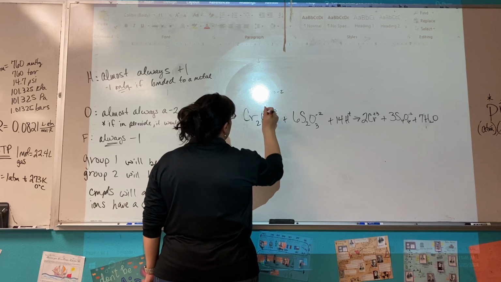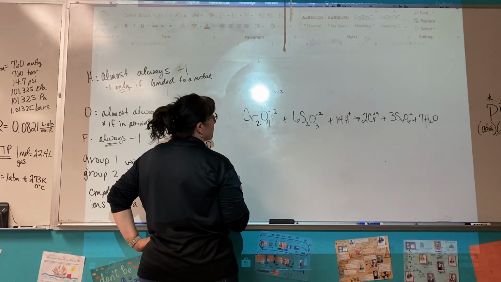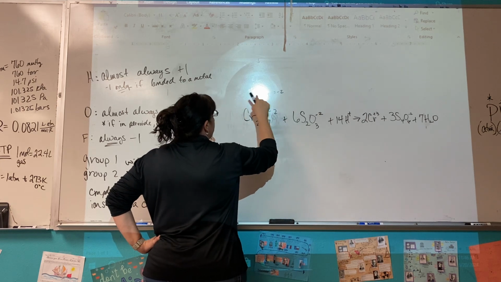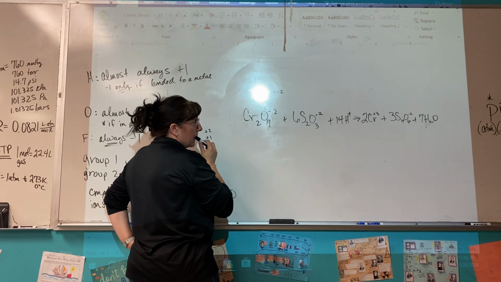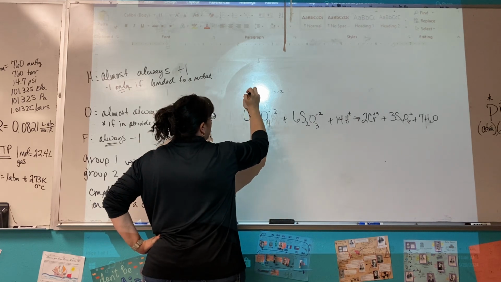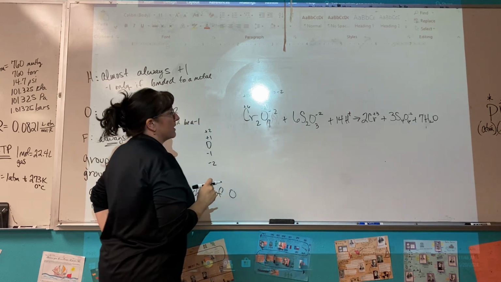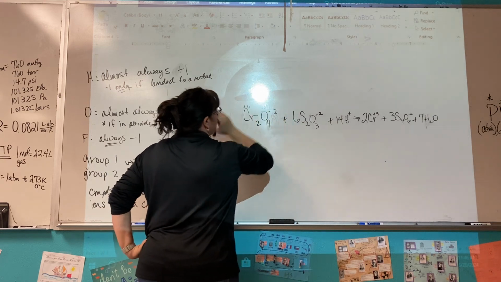If this is -2, -2 times 7 is what? -14. What minus 14 gives you a -2? Plus 12. Now there's 2 of them, so that means each chromium is going to have a +6 oxidation number.